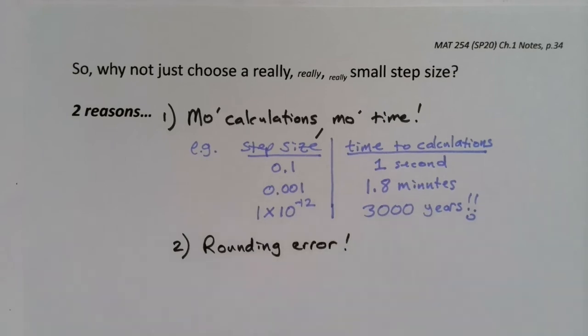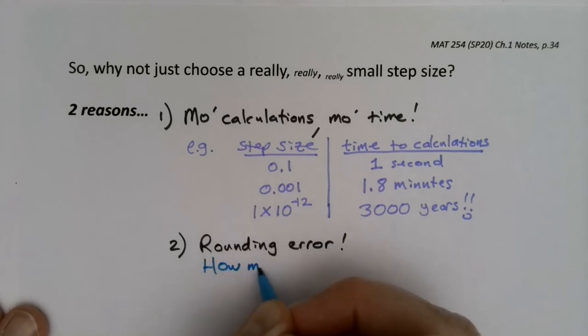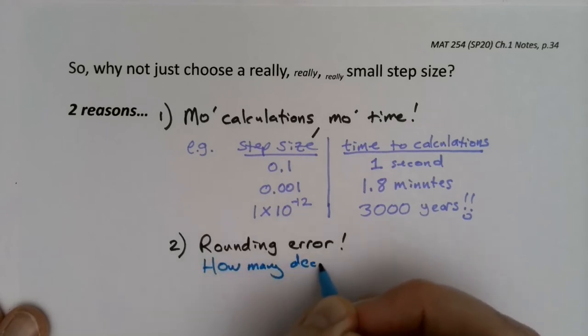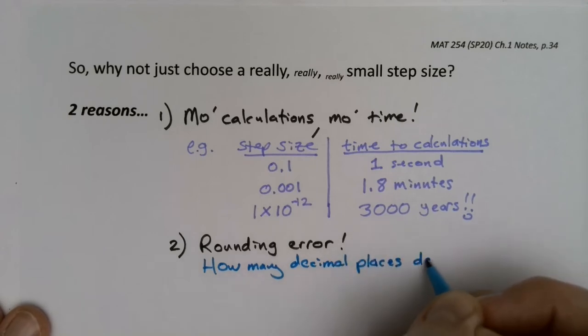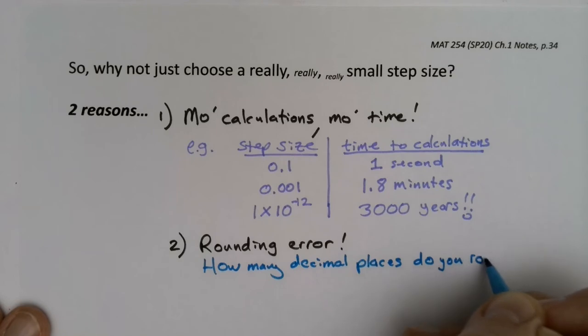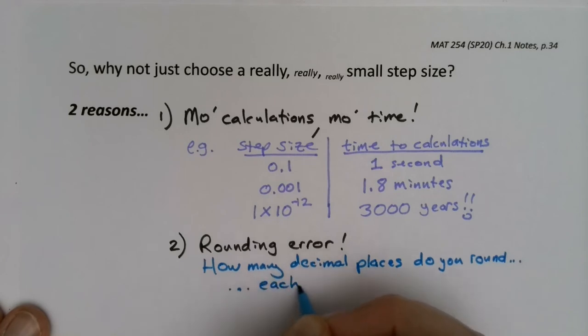Now, when I say rounding error, I mean how many decimal places are you going to round to? And how many decimal places do you round each step?